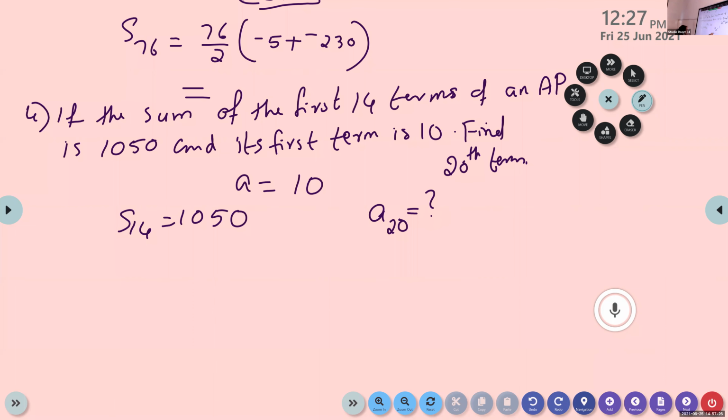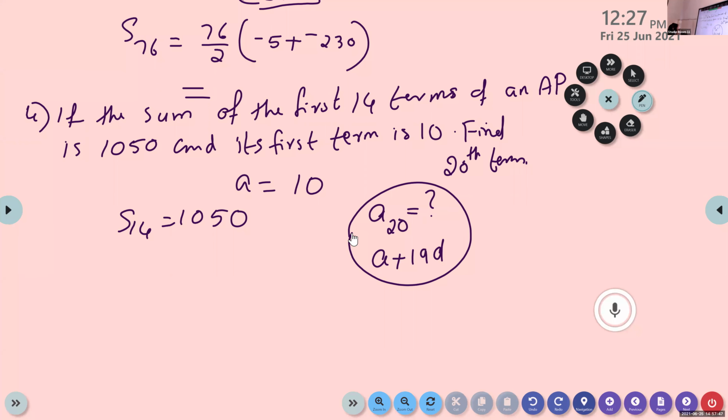A20 is what? A20 is A plus 19D. So A we know; we need to find D. What is given? Sn is given.